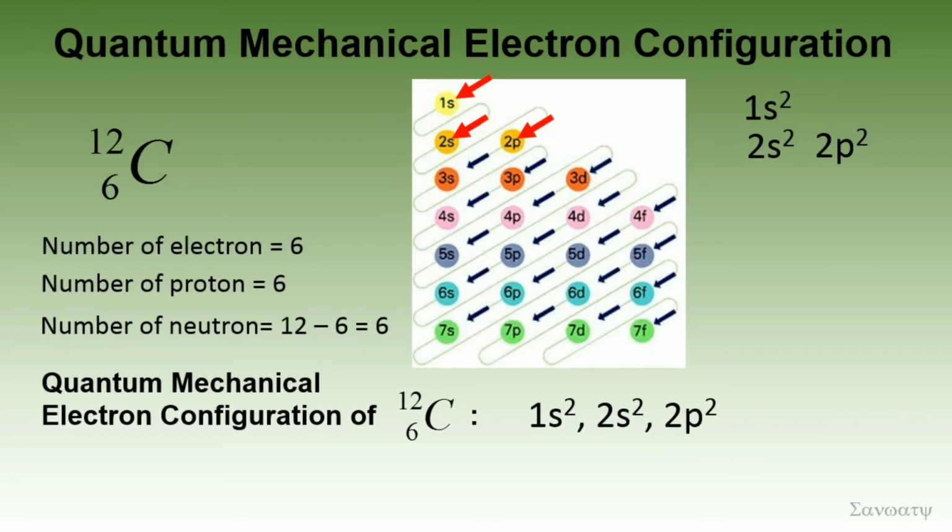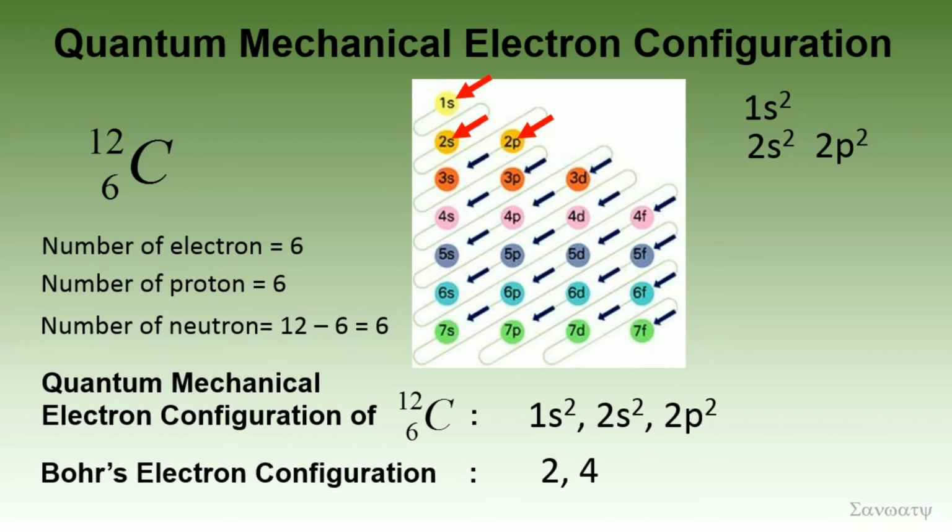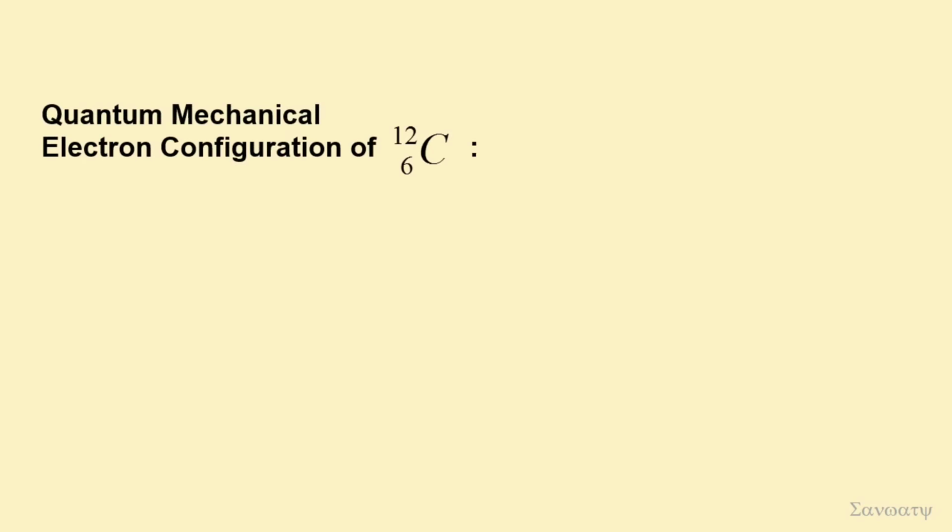We can simplify this into the Bohr electron configuration, which becomes 2 and 4, since the first shell has 2 electrons and the second shell has 4 electrons. Now there's something special about this configuration. The 1 in 1s identifies the first shell, and the 2 in 2s and 2p tells us this is the second shell, the outermost shell filled with electrons. This 2 is the electrons in the first shell, and this 2 and 2 are the electrons in the second shell.